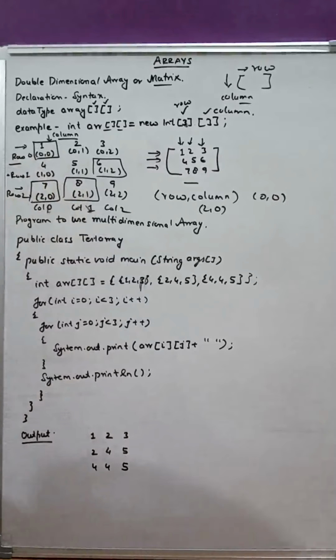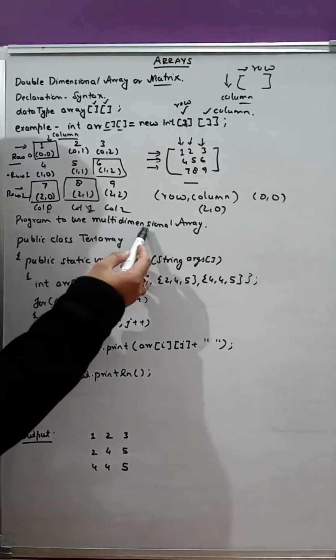Now that you have understood how we can point out the position of any particular value in the form of rows and columns, keep it simple: to identify any value in a matrix or two-dimensional array, you have to remember the combination of row and column at which the value is. After this, we will discuss a small program where I have written a program to use the multi-dimensional array.